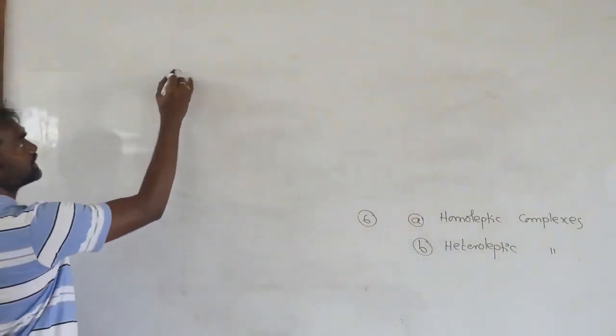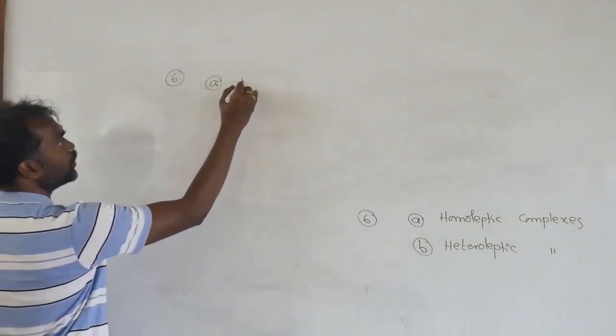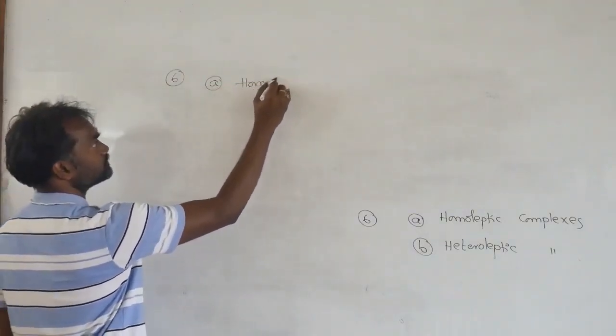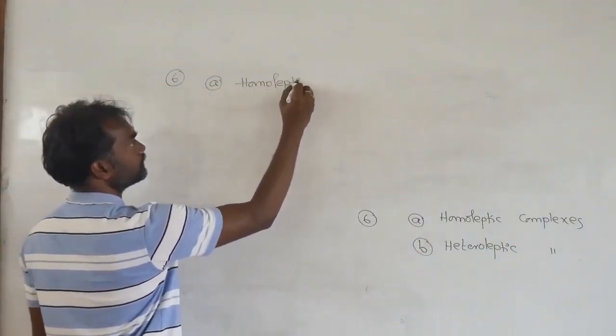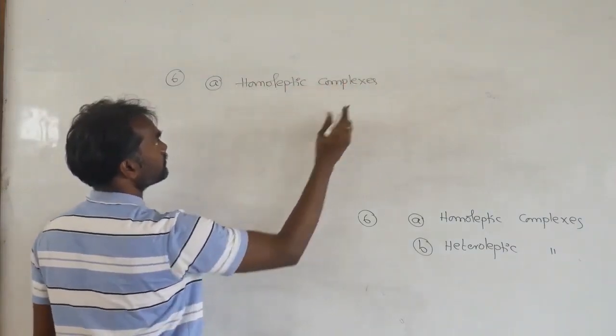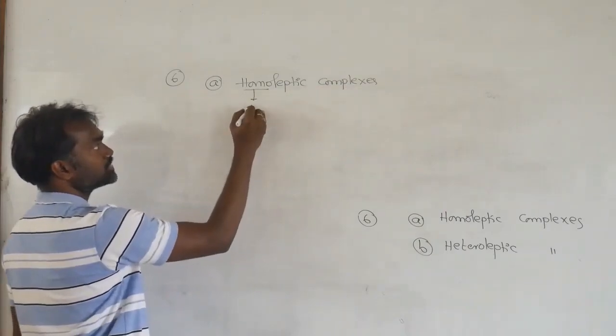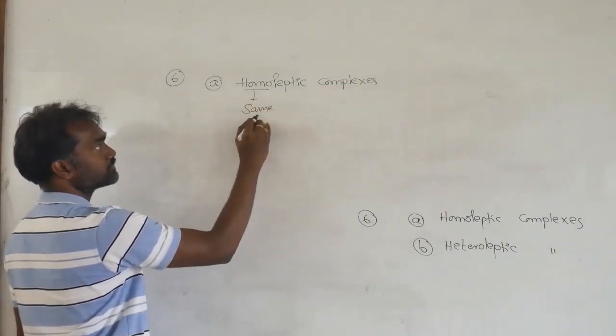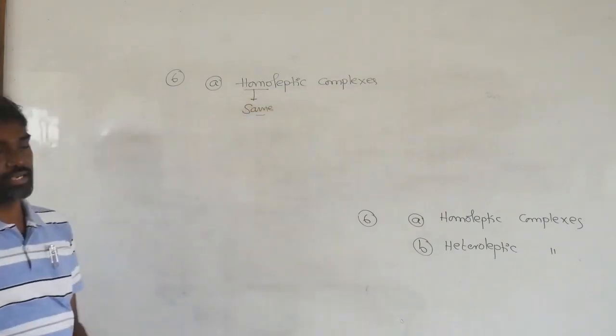Next, sixth, homoleptic and heteroleptic complexes. Homoleptic complexes: homo means same, and leptic means ligands.